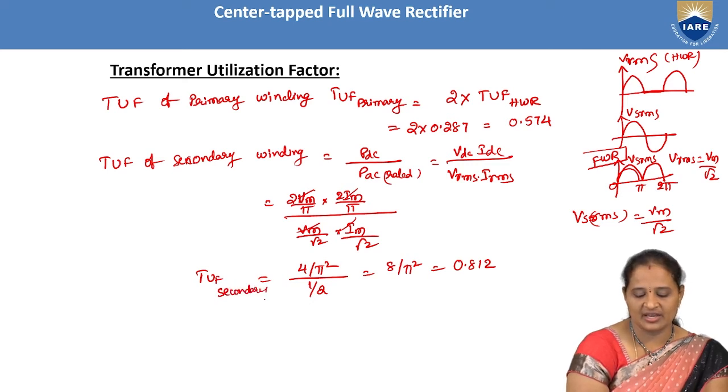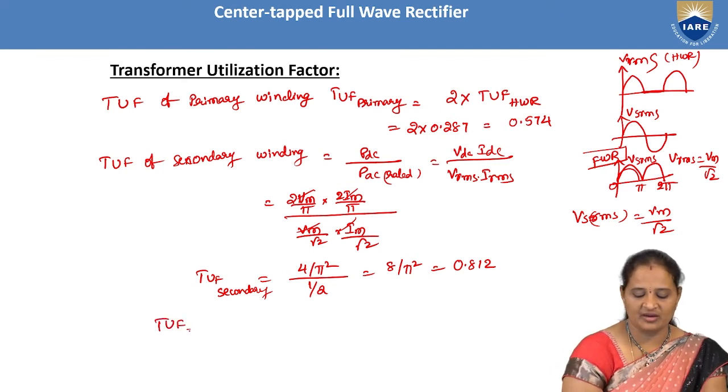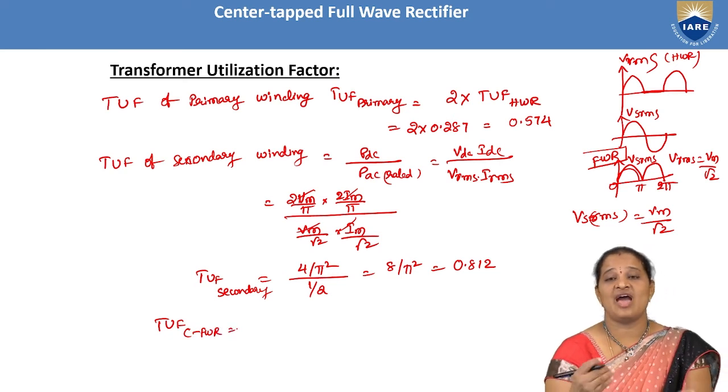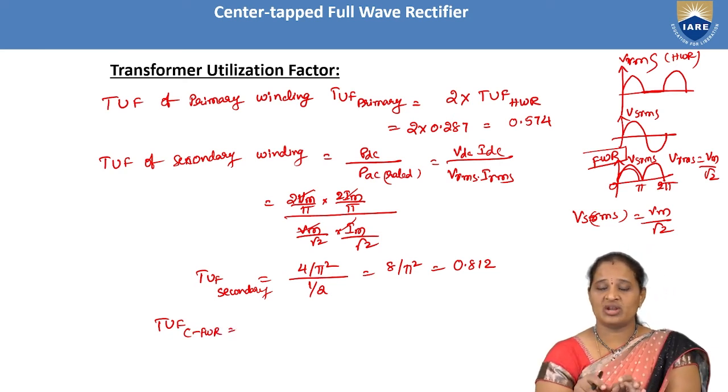TUF of secondary. And as I told you, the transformer utilization factor of the center tap full wave rectifier is nothing but the average value of the transformer utilization factor of primary and secondary.